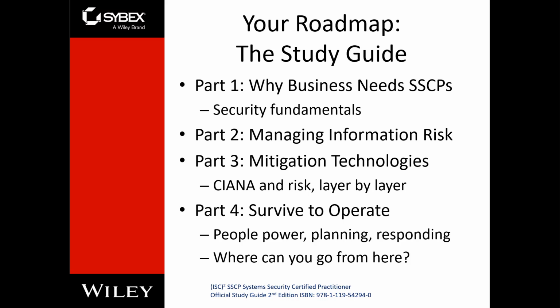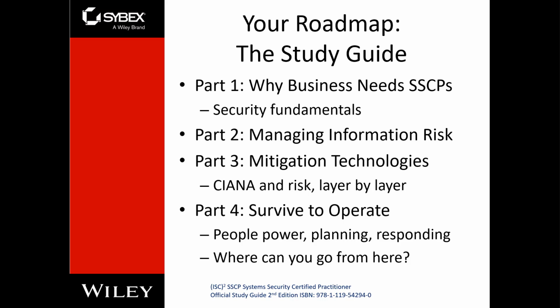So the roadmap, how do we use this study guide effectively? So there are 4 main ways for the study guide to be broken up. Part 1 is why the businesses need these security professionals, why understand the security foundation. Part 2 is managing the risk for information systems and technology.